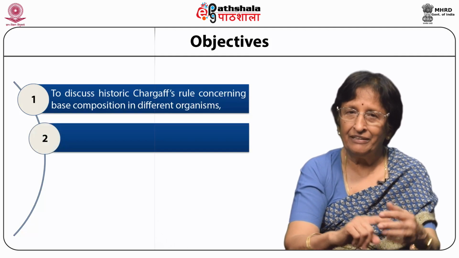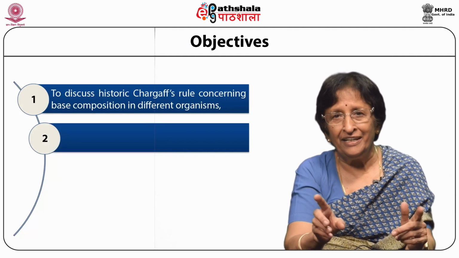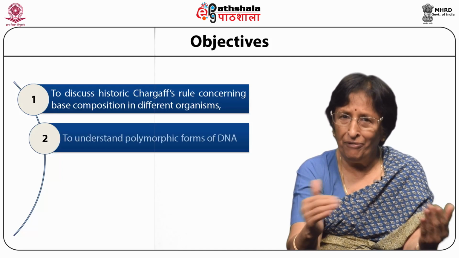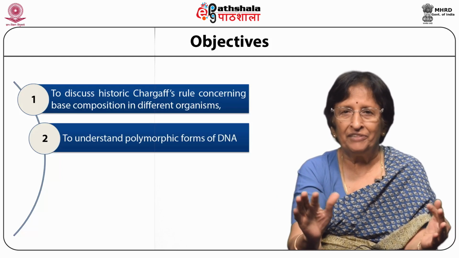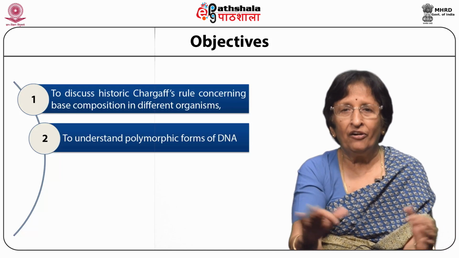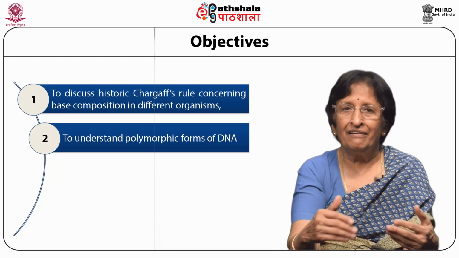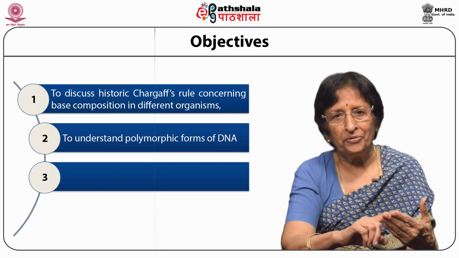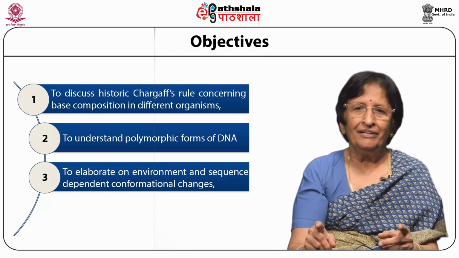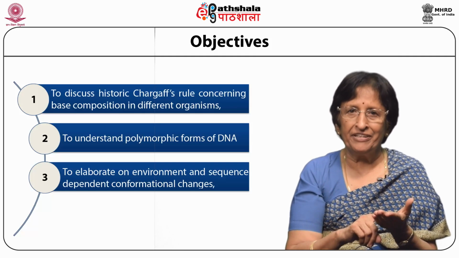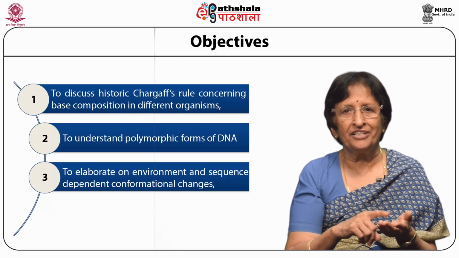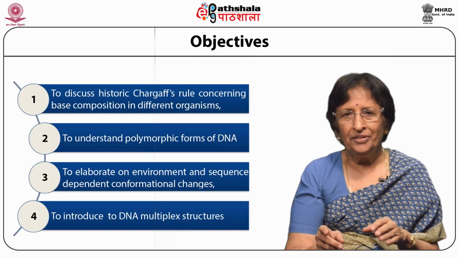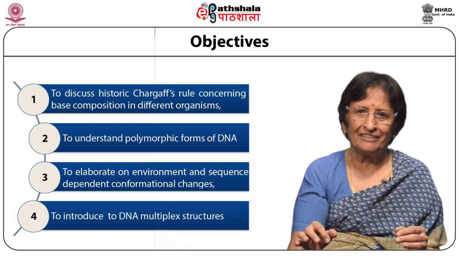It is important because DNA adopts different structures known as polymorphic forms of DNA if the base composition changes or environment changes and many other things change. Then we want to elaborate on environment and sequence dependent conformational changes in DNA. I wish to introduce you to the DNA multiplex structures.